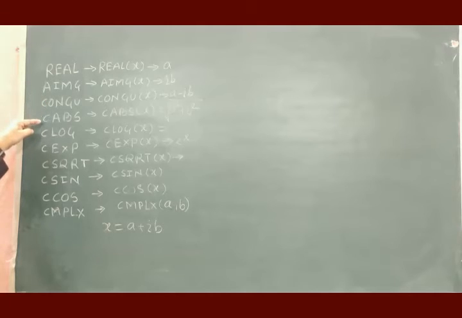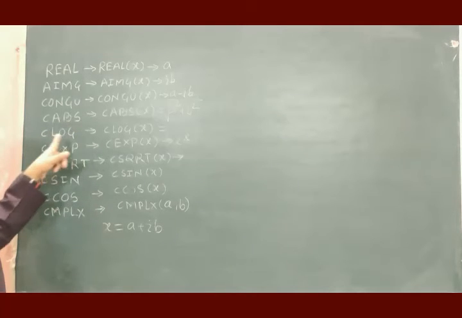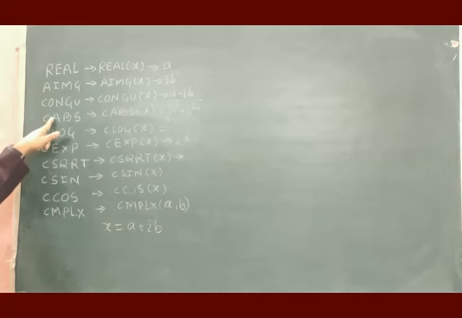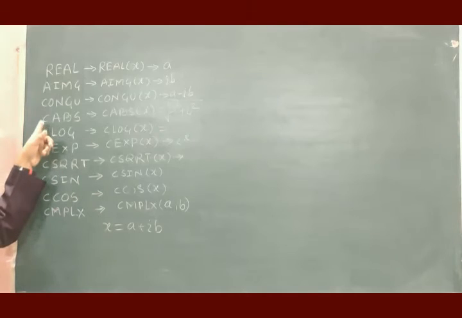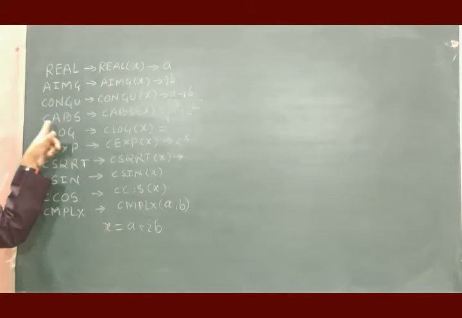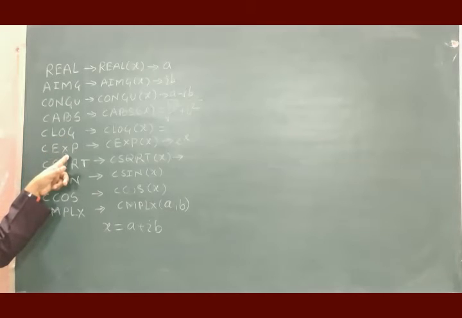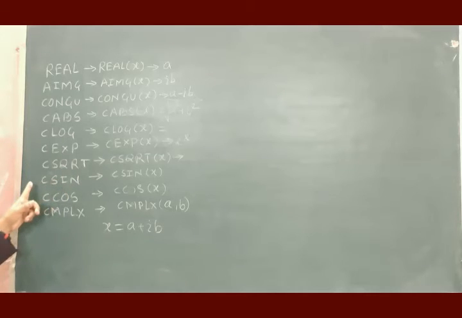When I take away C from these functions, you already know ABS, LOG, EXP, SQRT, SIN, COS. C is prefixed to these library functions to represent the absolute function for complex numbers, log function, exponential function, square root function, sine function, and cosine function for complex numbers.